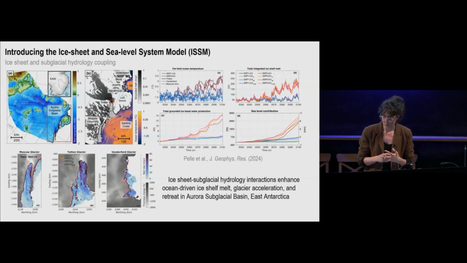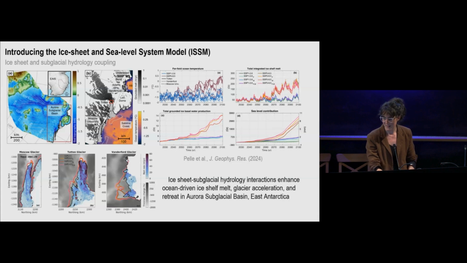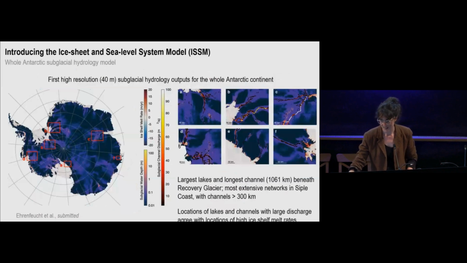And what this research showed is that you really need to consider these feedbacks between the subglacial hydrology and the ice sheet to be able to capture not just how rapidly the ice moves, but the enhancement of the ocean-driven melt. And you can see in that sea level contribution panel on the right that when you include subglacial hydrology, you can actually increase your contribution to sea level by, again, 10 to 15%.